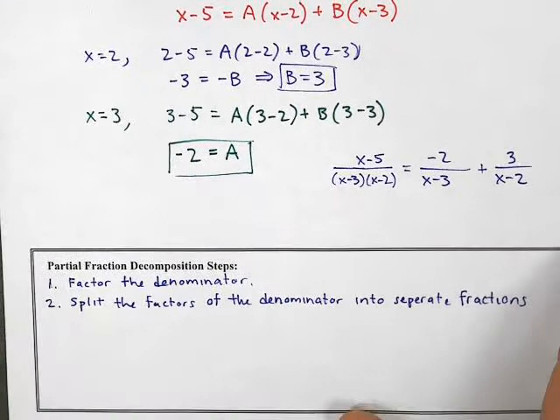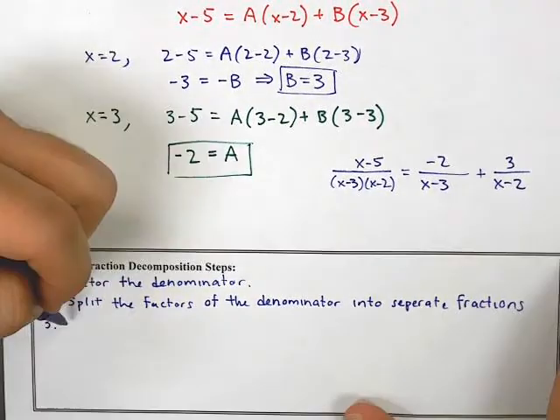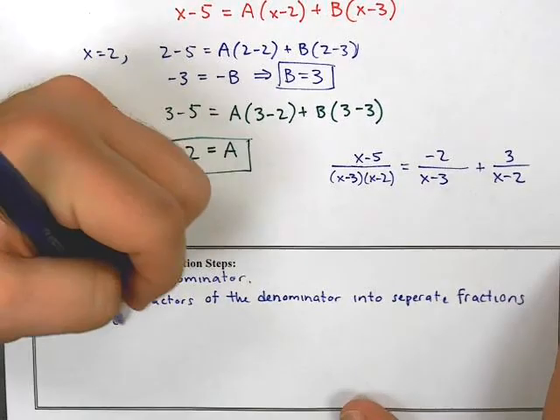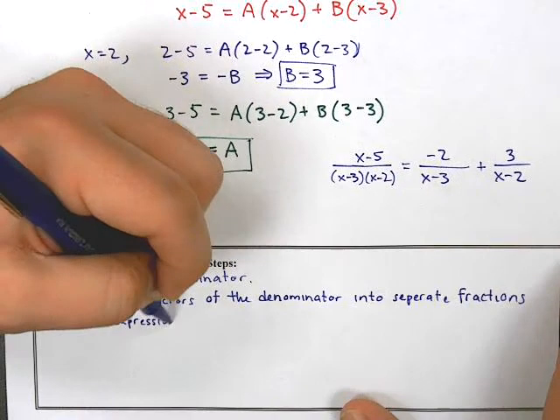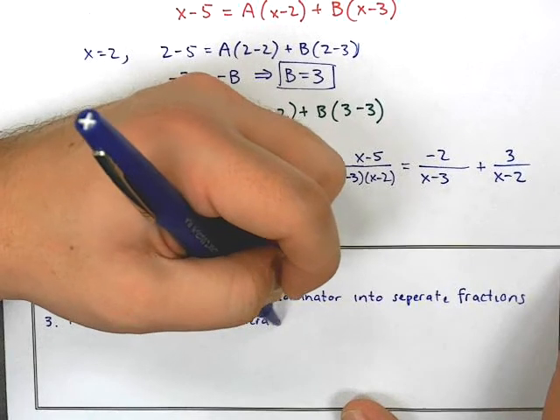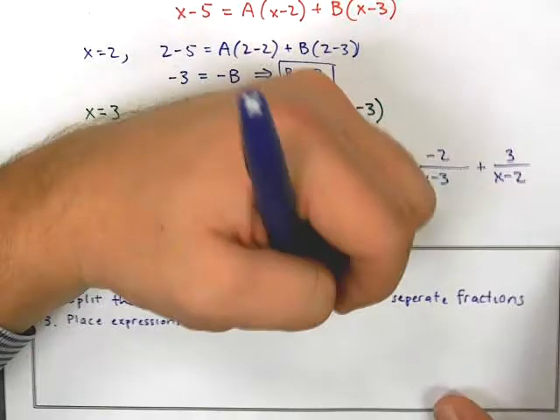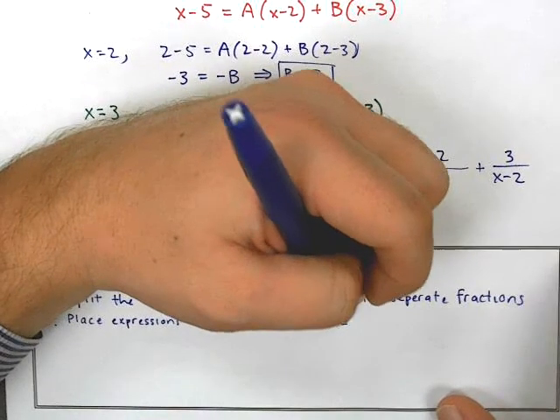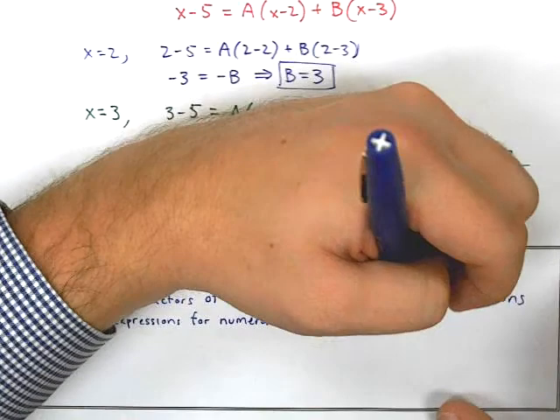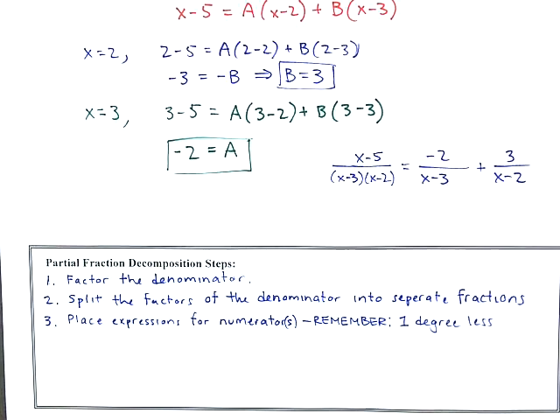The next thing you have to do is set the numerators. So, place expressions for numerators, and remember, one degree less.